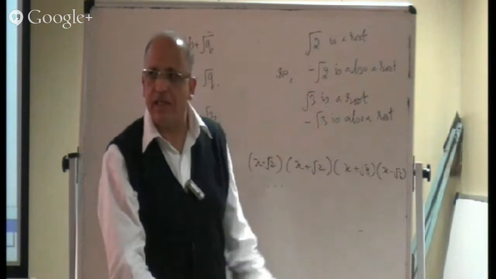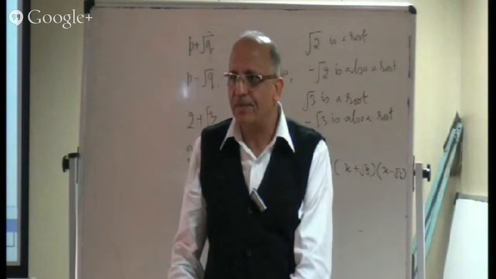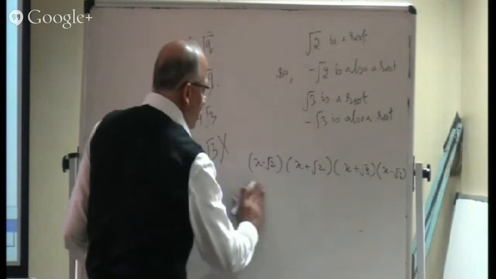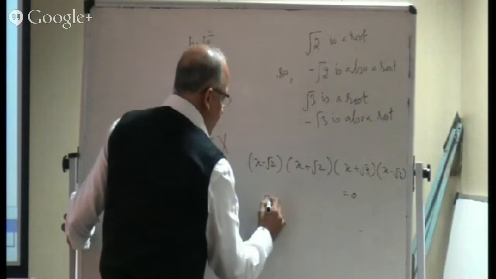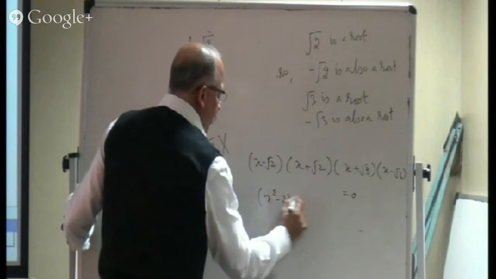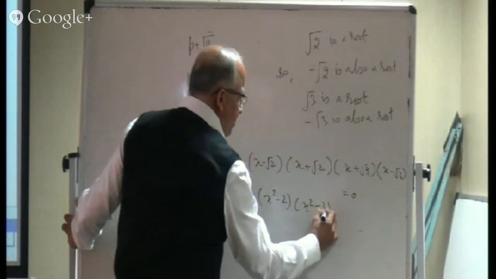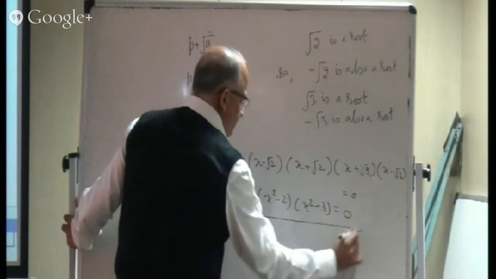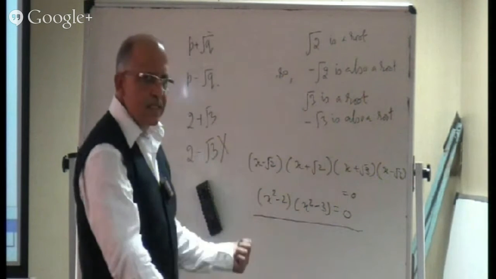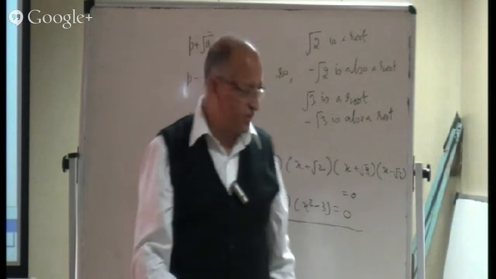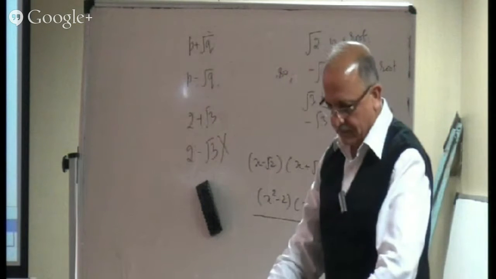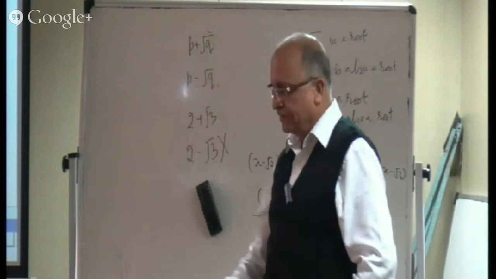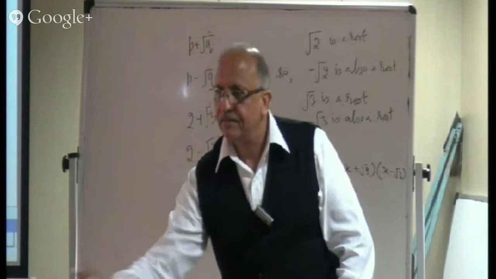Suppose these were the only 4 roots, then you can multiply them and the equation will become x square minus 2 into x square minus 3 equal to 0. In that case, it will be biquadratic. You can see this board. Is that okay?